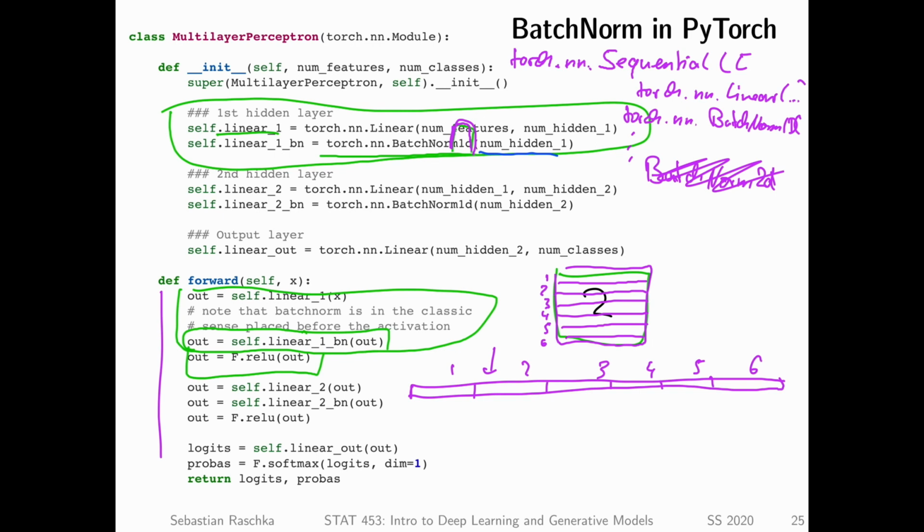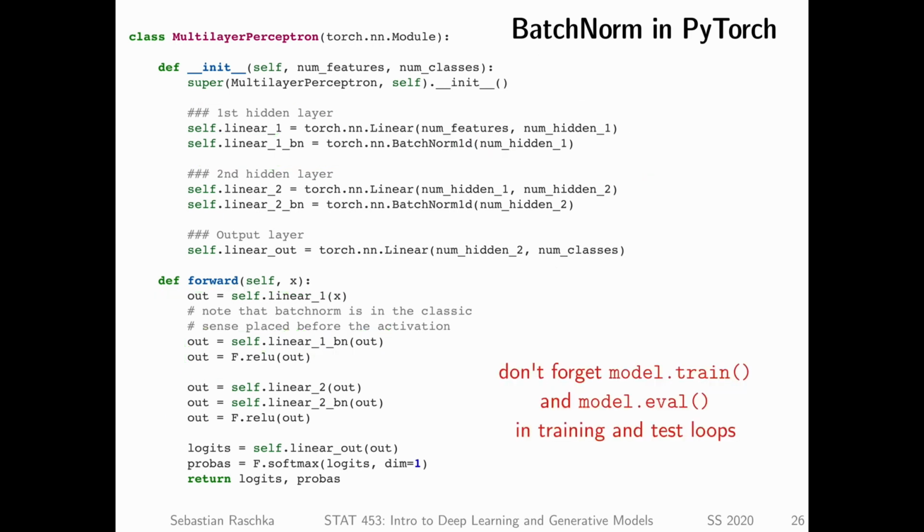It's pretty straightforward. One thing to remind you, though: like we said for dropout in the last lecture, we emphasized that we need model.train and model.eval, and we need them when we use batch norm too. So why do we need that? Again, this is in the training loop, similar to dropout. I don't have a code example of the training loop here, but it is identical to what we did in dropout.